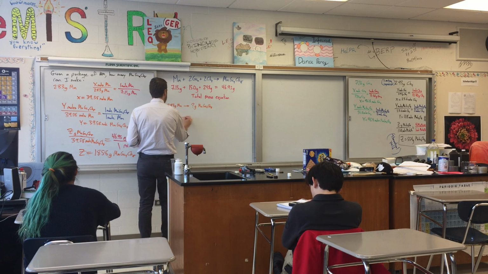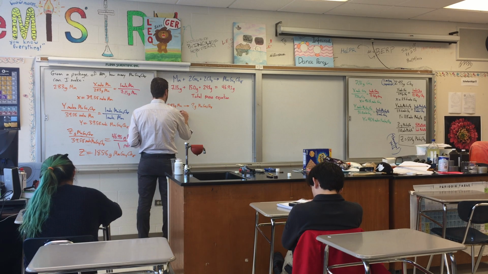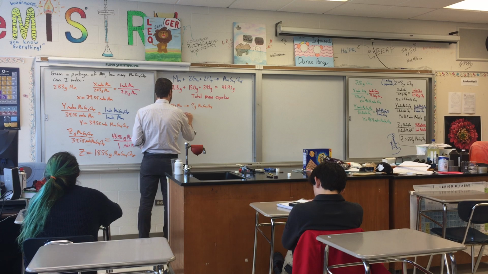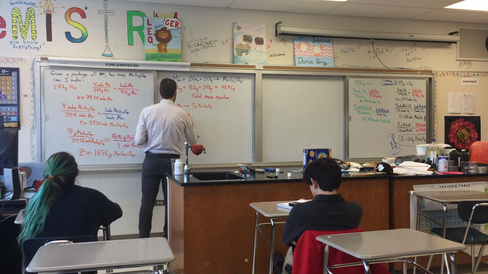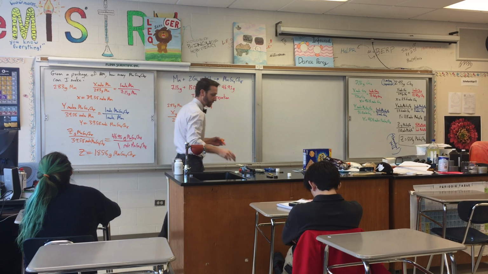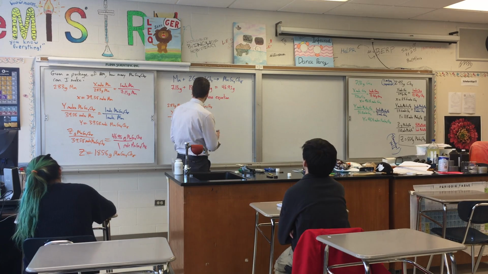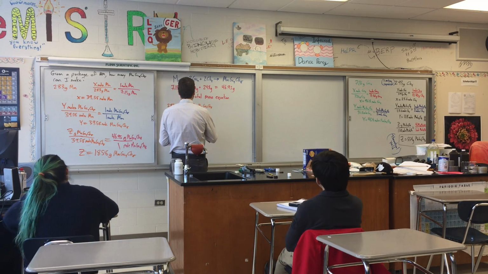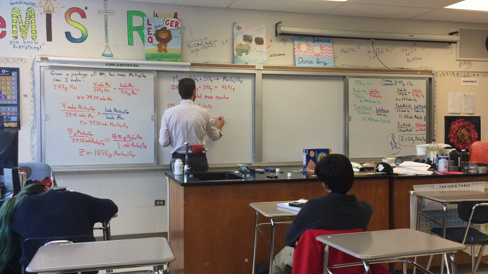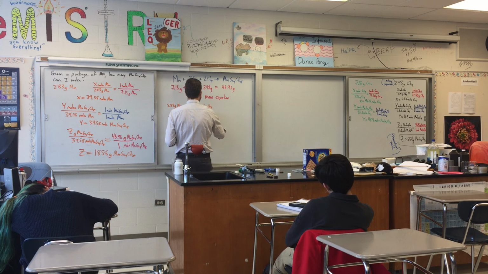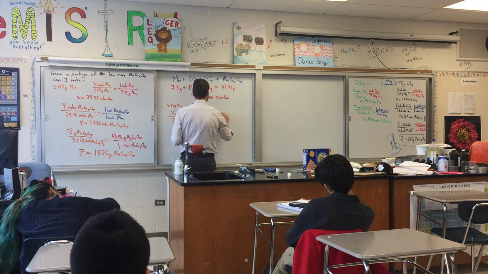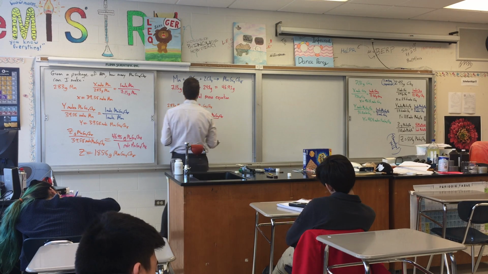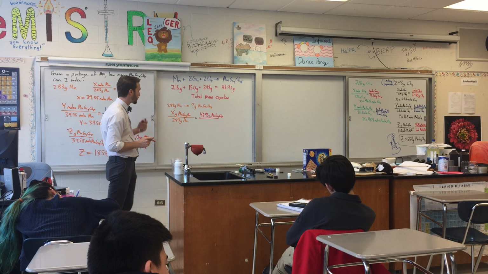Well, the way I can do that is to say X grams of s'mores is proportional to 283 grams of marshmallows, in the same way that in my equation 46.95 grams of s'mores is proportional to what mass of marshmallows?